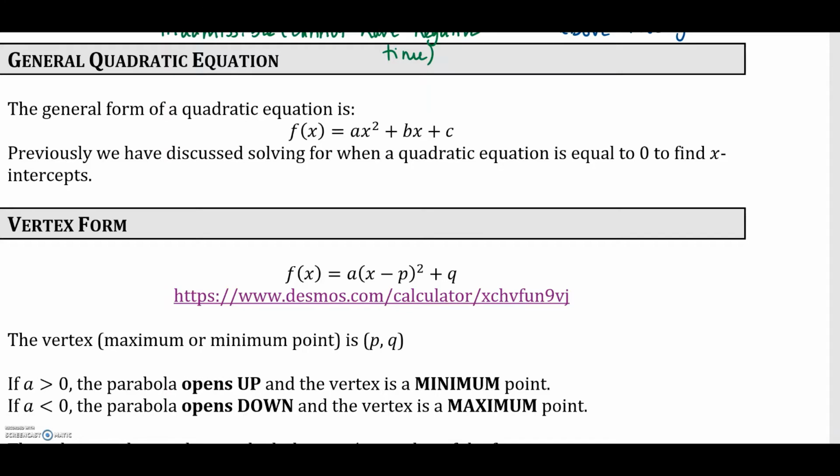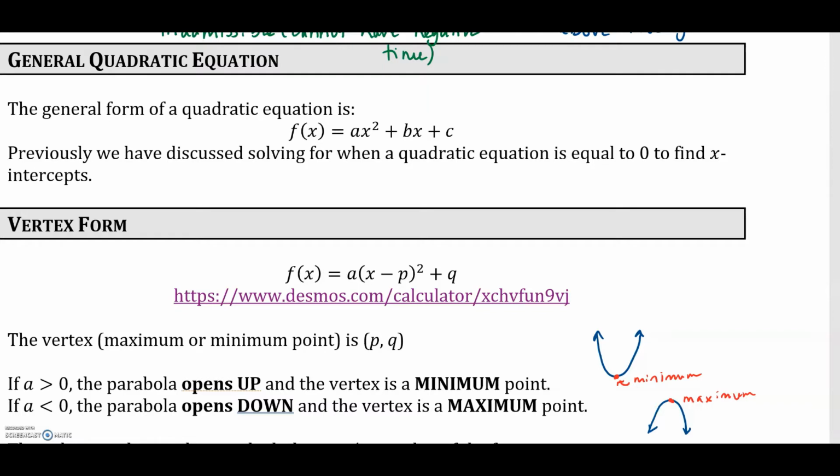So when a is greater than 0, our function will look something like this, and we'll have a minimum value at the vertex. Whereas when a is less than 0, our parabola will open down and we have a maximum value at the vertex.